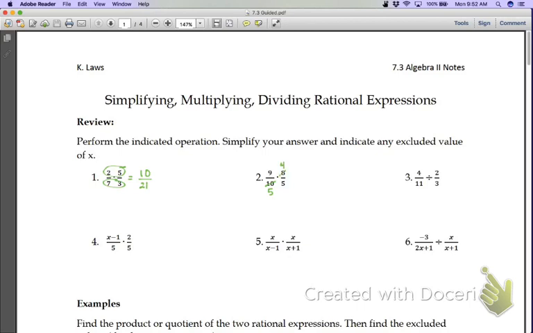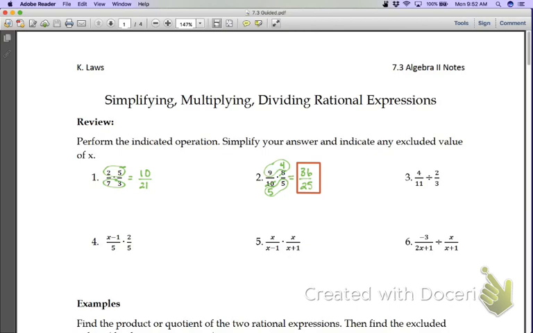because what did I do? Just divided everything by 2, right? I think it's a lot easier to do 9 times 4 and get 36 over 5 times 5, which is 25. Then I don't have to simplify anything. Okay?